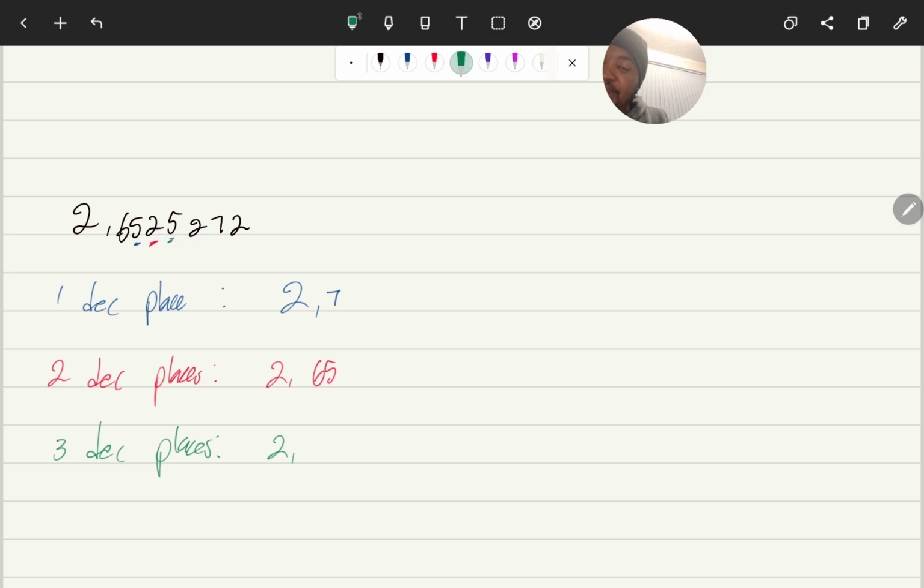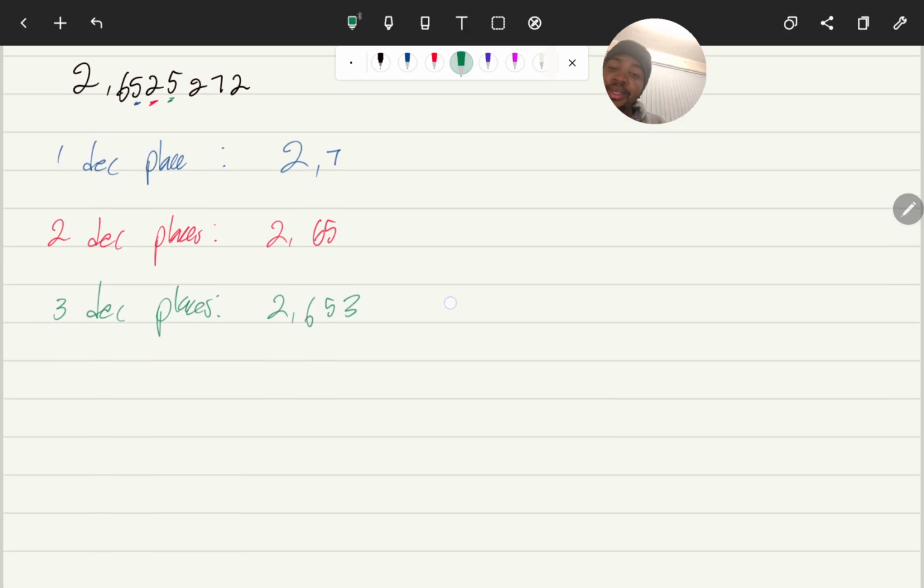This is the fourth number. Is it greater than or equals to 5? Yes, it is. That means the number before 5 is going to increase by 1. So we have 6, 5. Instead of writing 2, we write 3, because the number after it is greater than or equals to 5. So you see it.